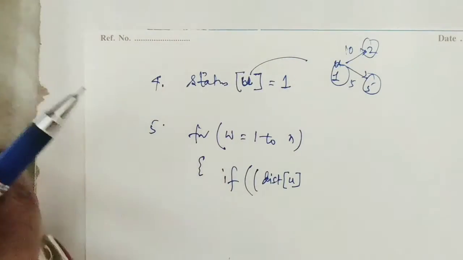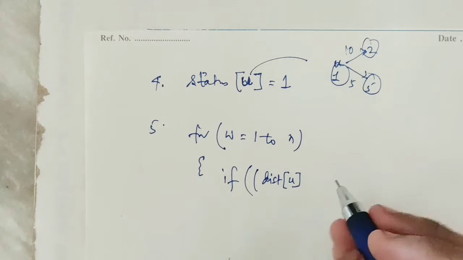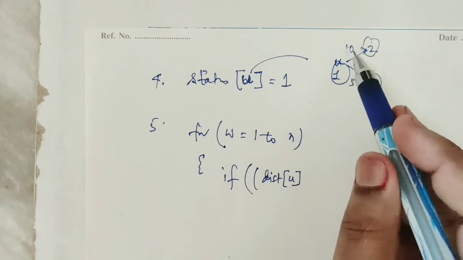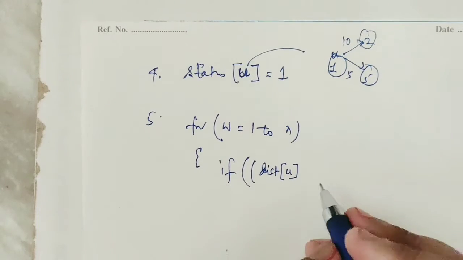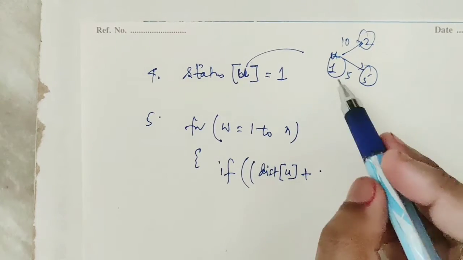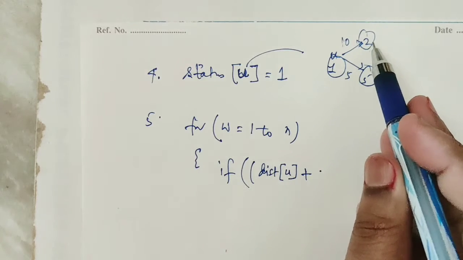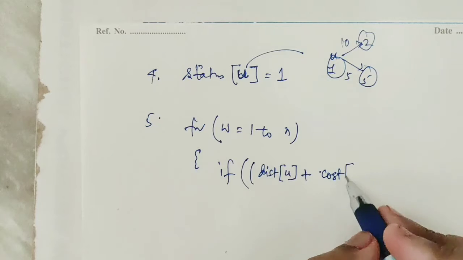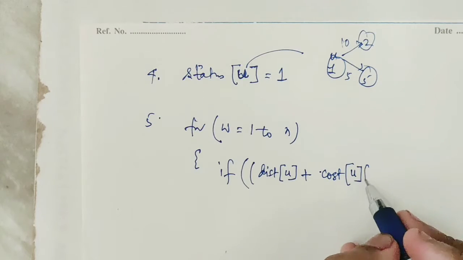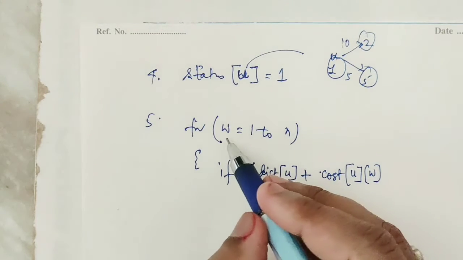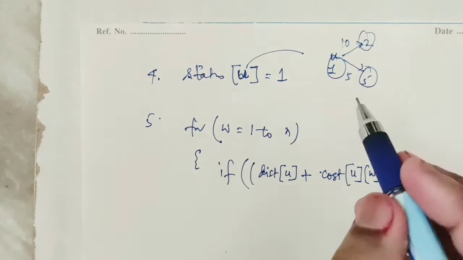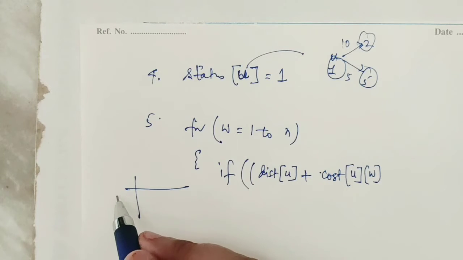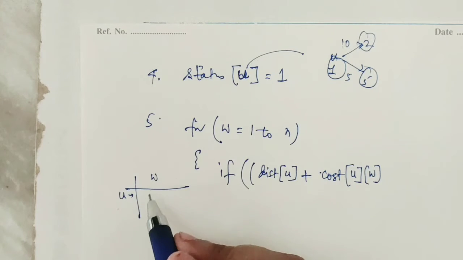So dist of U plus the distance from U to its adjacent, that means dist of U plus cost of U to W, because W is the parameter using which you can trace the adjacent of U. Actually, you are visiting the cost matrix where U is the row and W is the column.